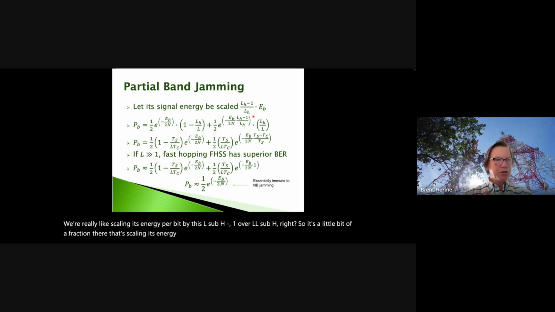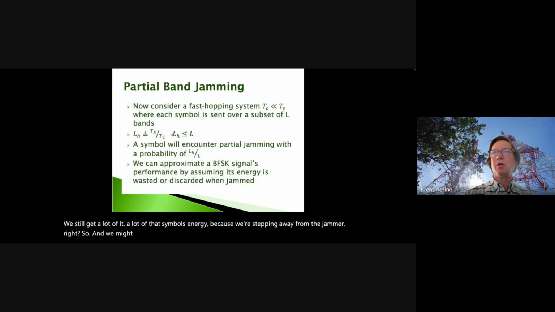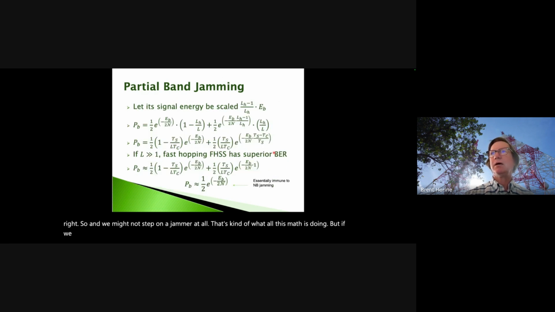So we lose a little bit of energy, but we still get a lot of that symbol's energy because we're stepping away from the jammer. We might not step on a jammer at all, and that's what all this math is doing. But if we do, we only lose a fraction of it. And then we'll go through again.